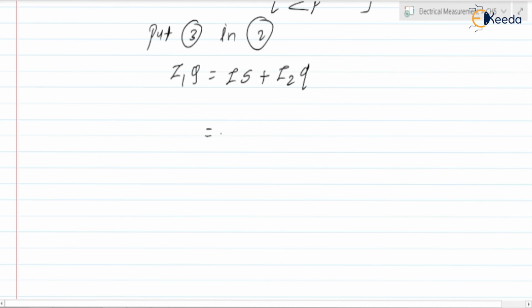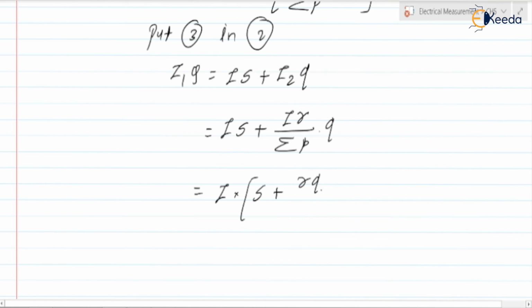Replace this I2 with equation 3. So it is equal to I into S plus I into R upon summation P, into this small q as it is. Which can be written as I into, in bracket, S plus R into q divided by summation P. Consider it as equation number 5. This is I1 into Q.